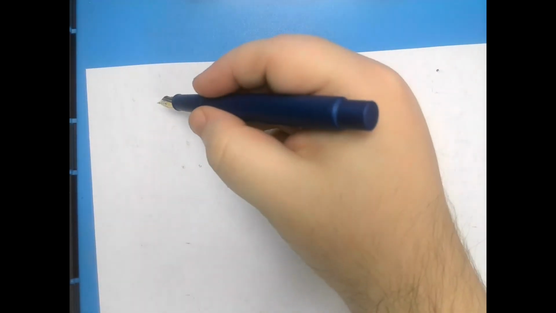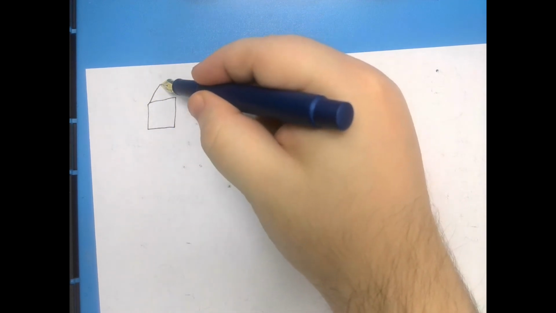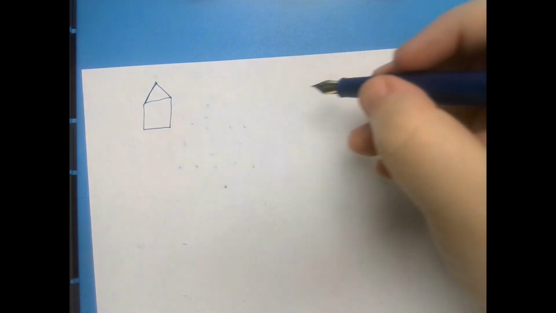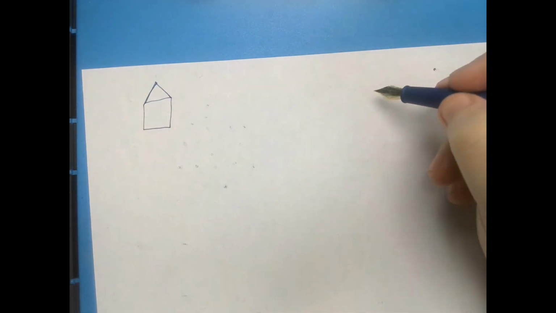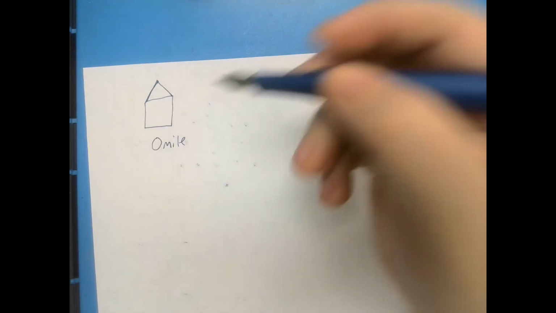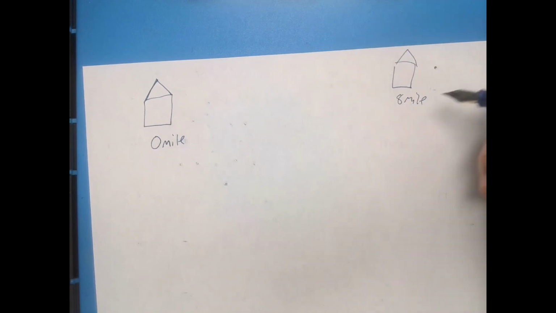Cassidy, you're trying to walk to a gas station. One gas station is at the 0-mile marker. Another gas station is at the 8-mile marker.